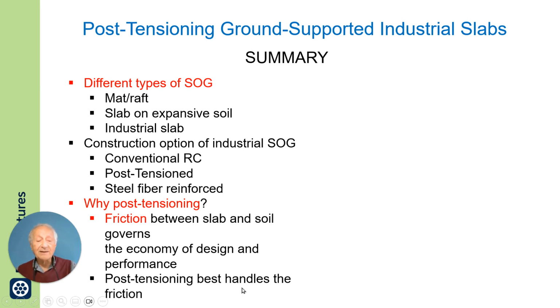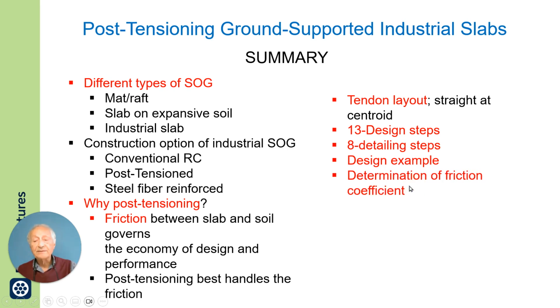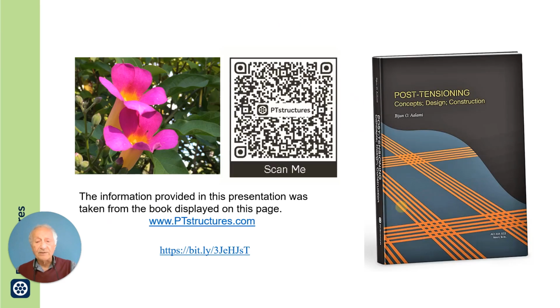Post-tensioning best handles the friction. That is the reason. We talked about tendon layout, could be at the centroid typically. We went over design steps and detailing steps and went through a design example and concluded by how you can determine the friction coefficient of the structure you have.